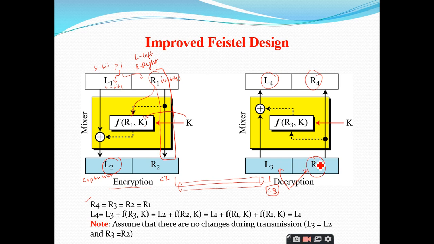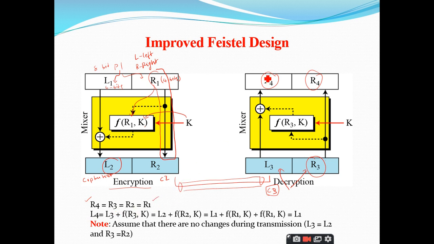Yes, sir. And assume that there are no changes in the communication channel, then R3 is equal to R2. Am I right or not? Yes, sir. And from this diagram, R2 is equal to R1. Am I right or not? Yes, sir. So the right part of the text remains as it is, right? So R4 is equal to R3 is equal to R2 is equal to R1.